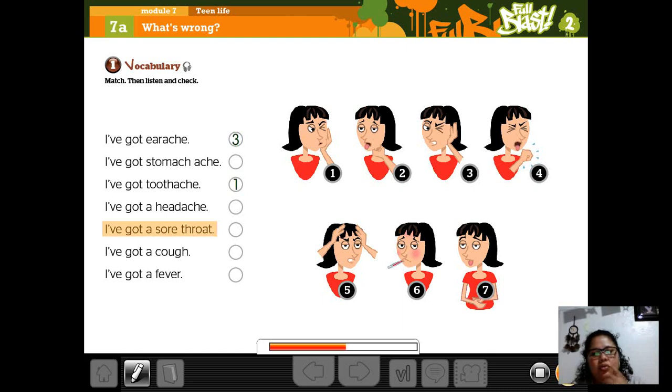I've got a sore throat. 3. I've got earache. 4. I've got a cough. 5. I've got a headache. 6. I've got a fever. 7. I've got stomachache.